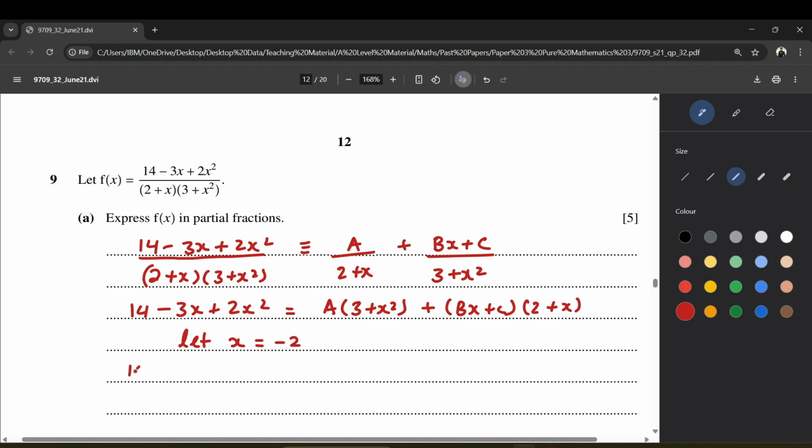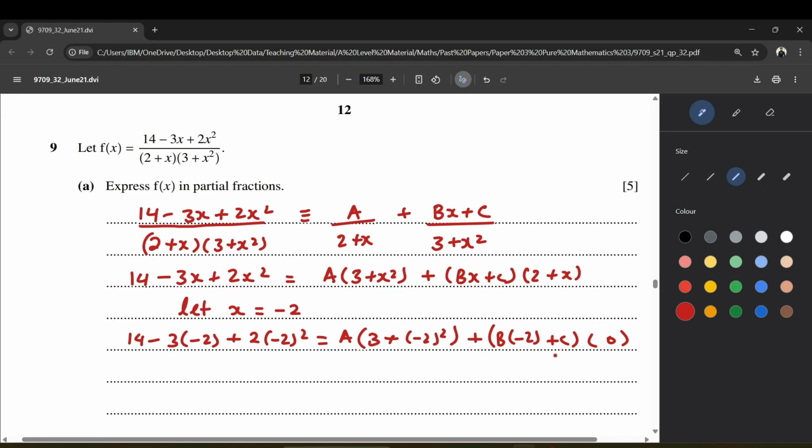So we can say 14 minus 3 times -2 plus 2 times -2 whole square equals 8 times 3 plus -2 whole square plus, now you can see that this whole term will become 0, because 2 minus 2 will be equal to 0, and that was deliberate, right? That is exactly what we wanted.